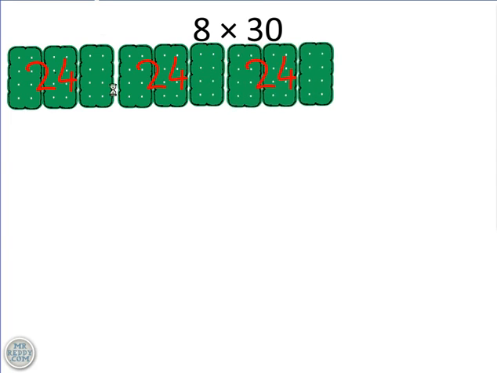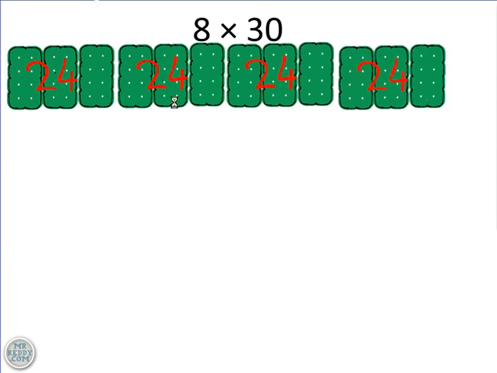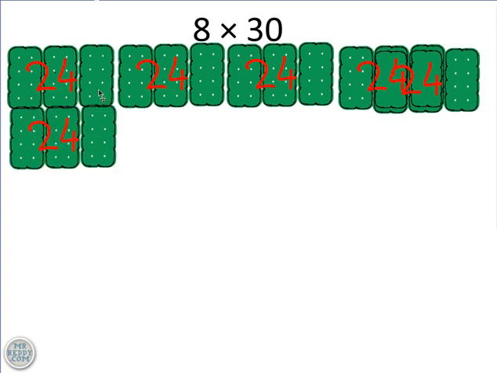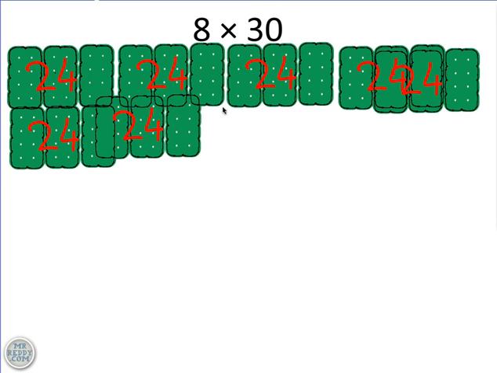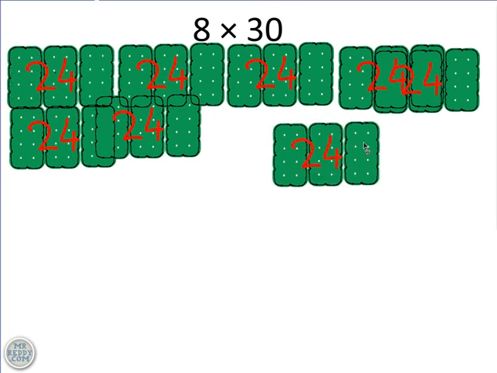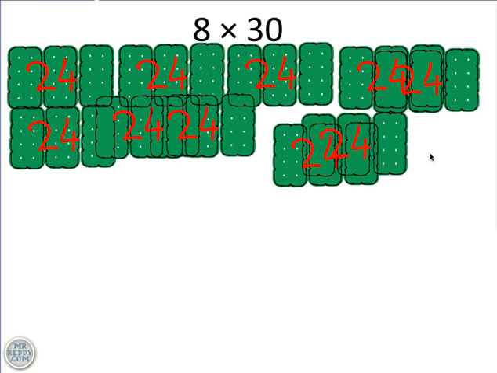3, 4, 5, 6, 7, 8, 9. It's catching up. And 10. So that turns out to be 10 lots of 24.